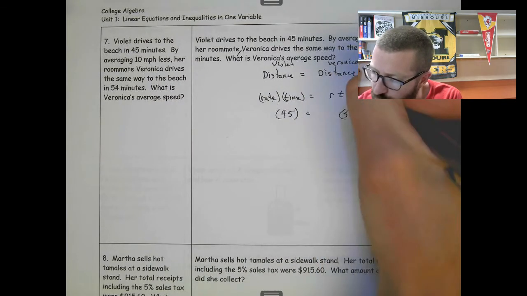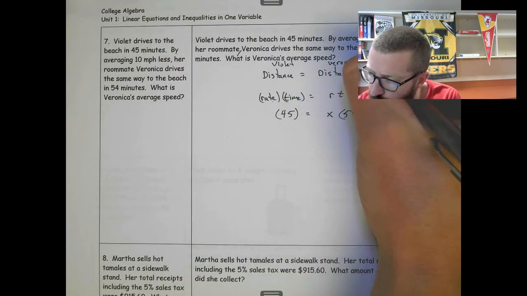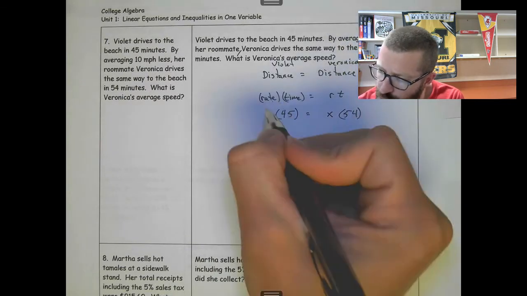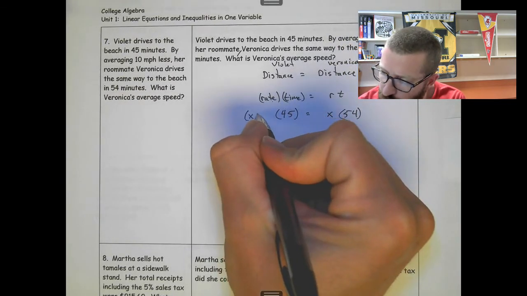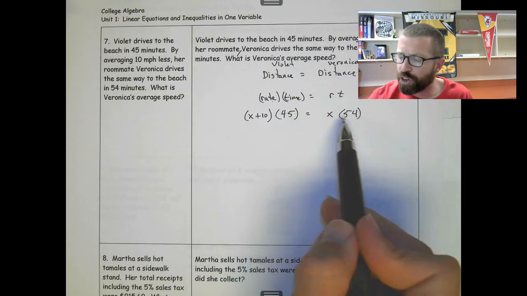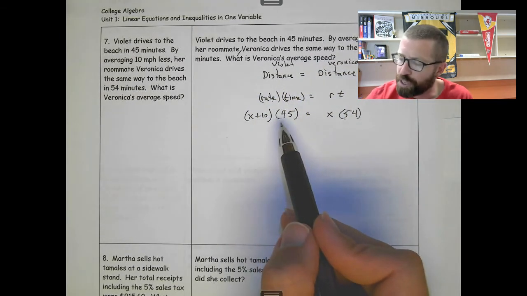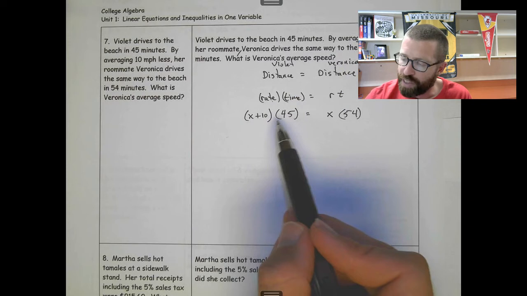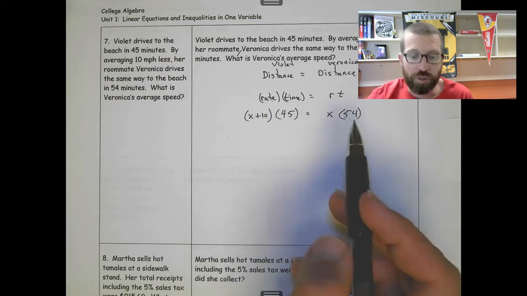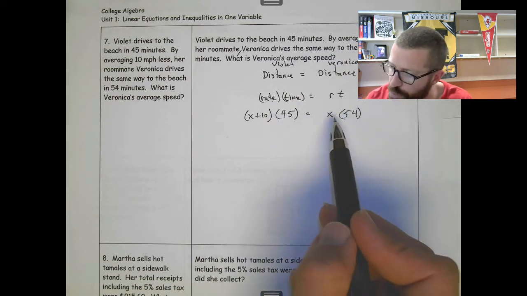So let's make x be Veronica's speed, which we want. And so if x is Veronica's speed, then Violet drove slower, x minus 10. And if you check your equation, that makes sense because of the fact that Violet takes more time. Keep getting the names confused. It's tough.